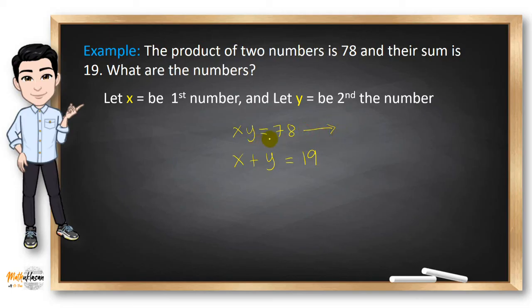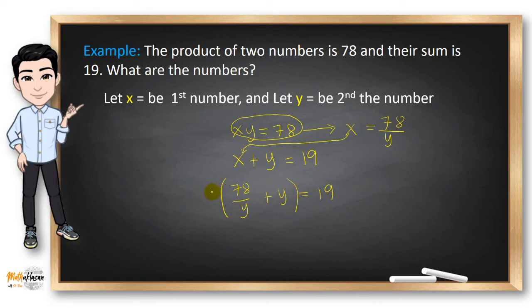Now, x times y equals 78 can be written as x equals 78 over y by dividing both sides of this equation by y. Now, substituting the value of x in the second equation, we'll have 78 over y plus y equals 19.